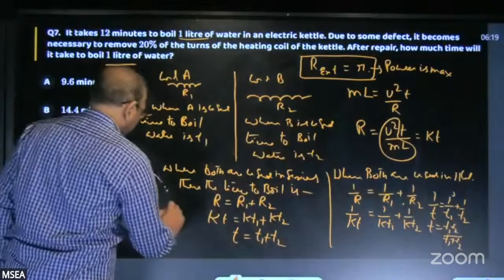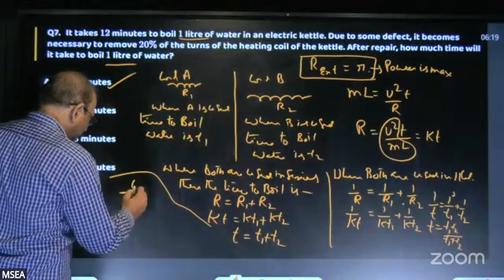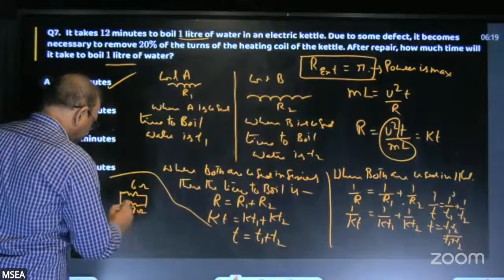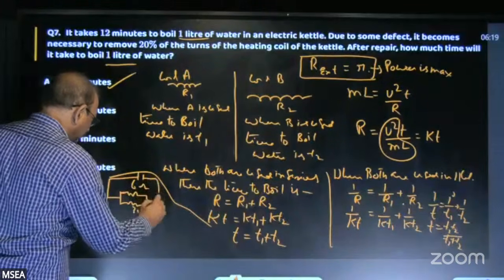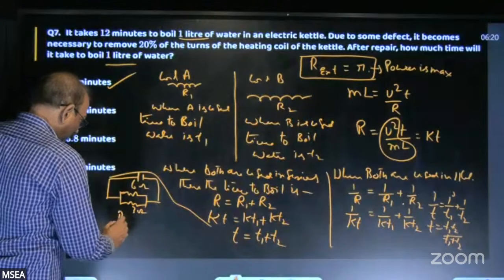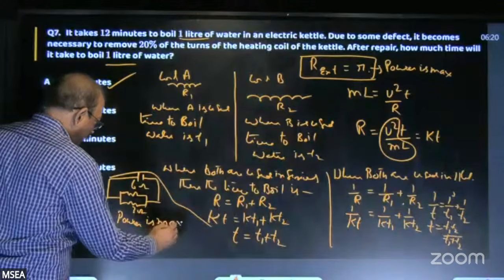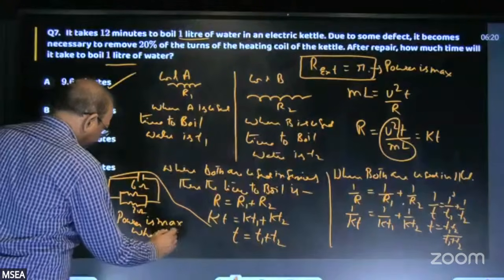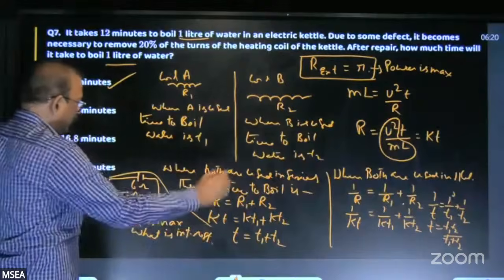Suppose they give like this: one 6 ohm resistor and 3 ohm resistor are connected in parallel to a cell. Power in this circuit is maximum. What is the internal resistance of the cell?